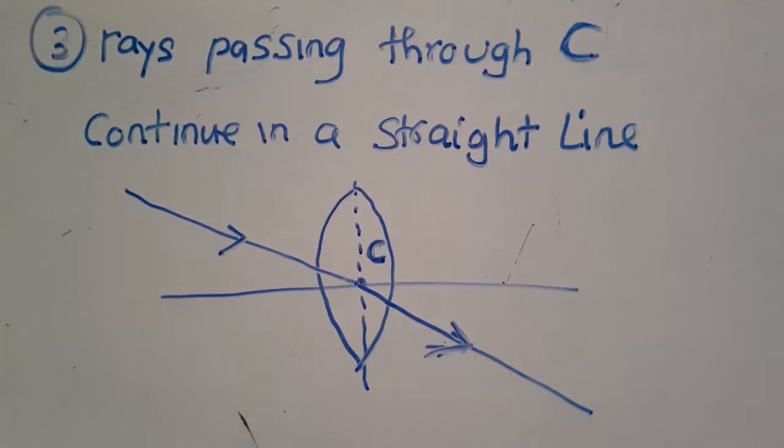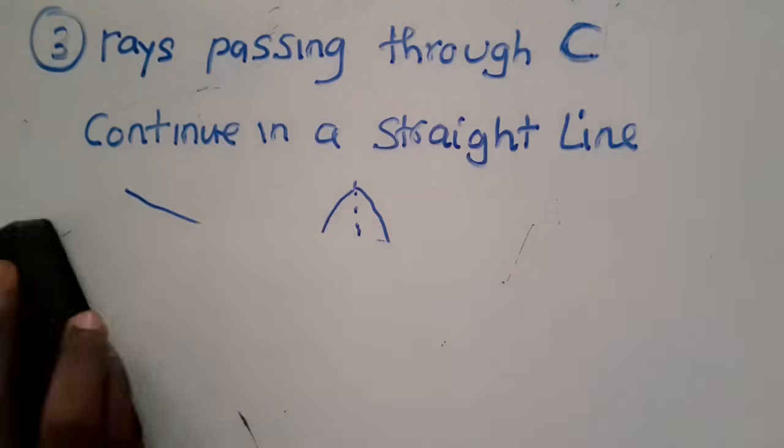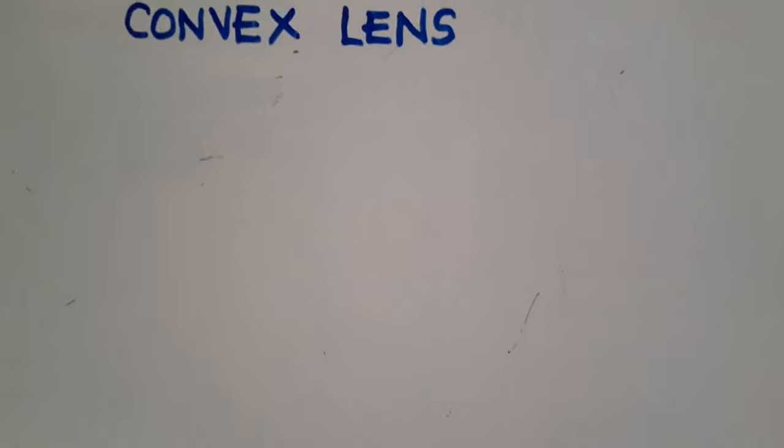So now, the other thing that you need to know is how to locate the image through a lens. How can you locate an image through a lens? This is the tricky part now. Make sure that you understand this part very well.